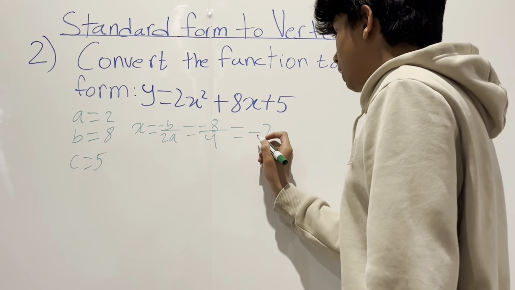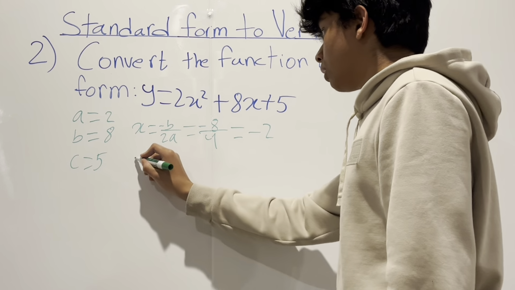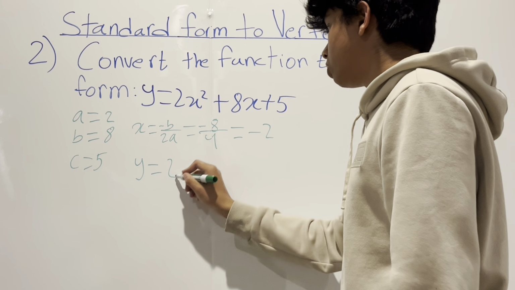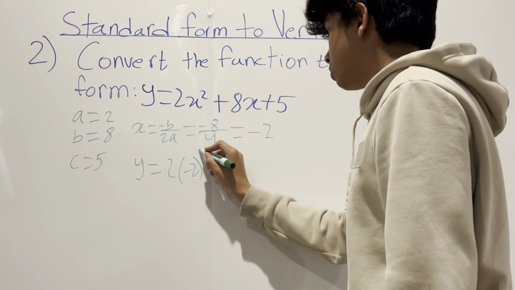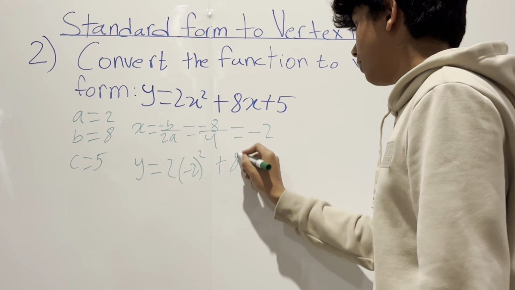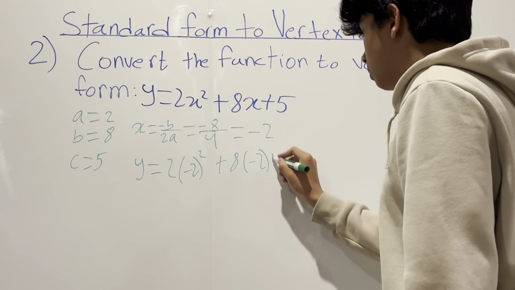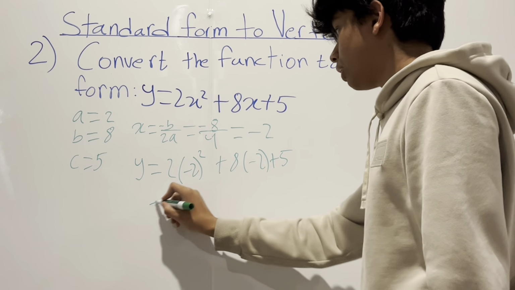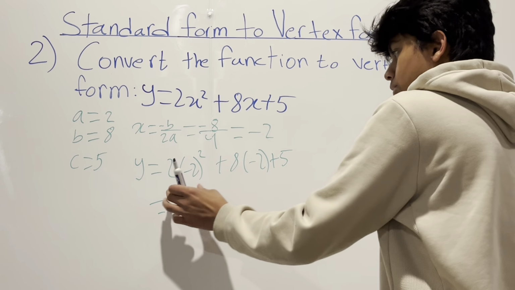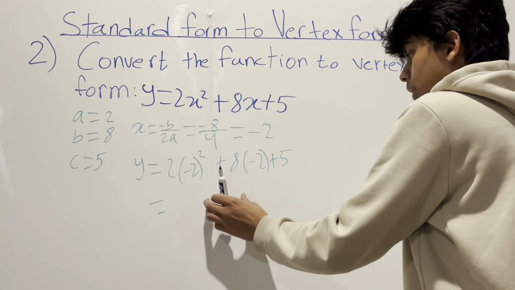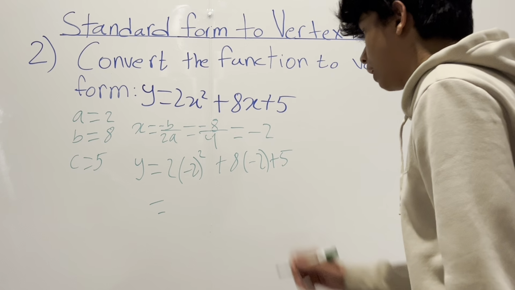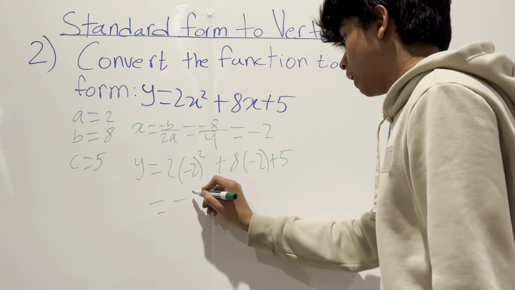Now if we plug negative 2 into the equation, we get y equals 2 times negative 2 squared plus 8 times negative 2 plus 5. If we solve this, 4 times 2 is 8, 8 minus 16 is negative 8, and negative 8 plus 5 is negative 3.